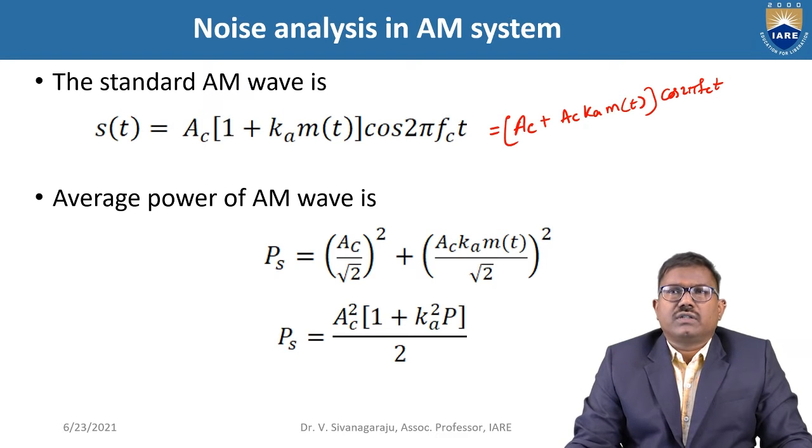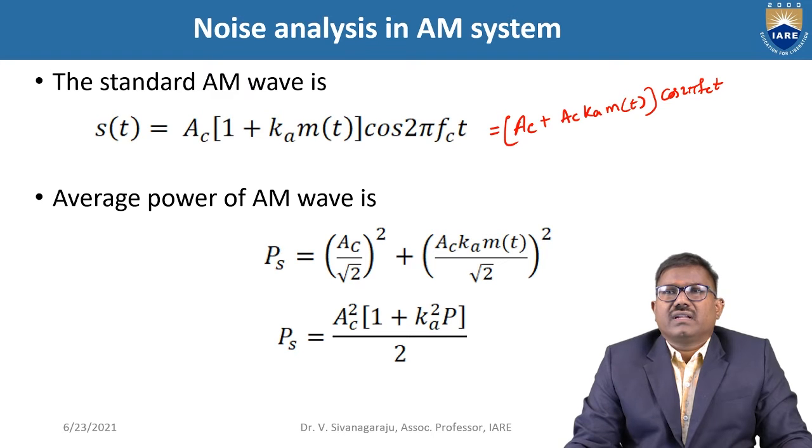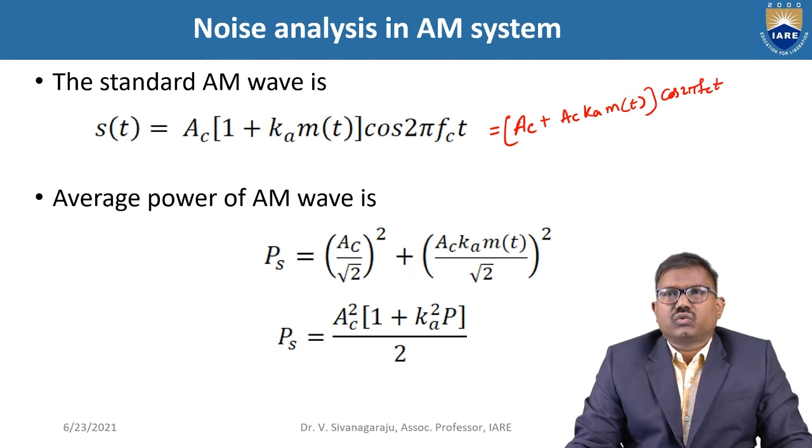So for the average power, we take the RMS value AC by root 2 whole square plus, and the second one is AC, again it is a carrier, so for the power AC by root 2 Ka m of t whole square. So after squaring the terms, the first one is AC square by 2 and the second one is AC square Ka square m square of t divided by 2.